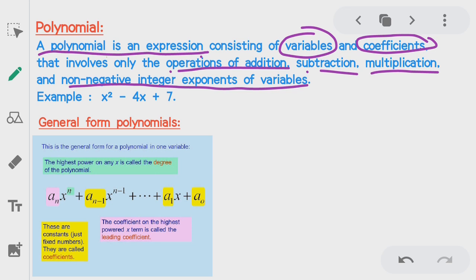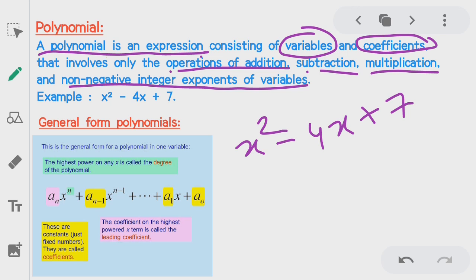Now let us see one example. Here it is given: x square minus 4x plus 7. So can I say this is an algebraic expression? Yes. What I told you for an algebraic expression: an expression built up from coefficients, constants, and variables with an algebraic operation.